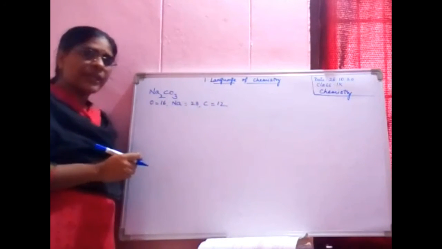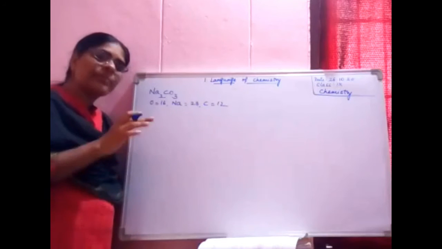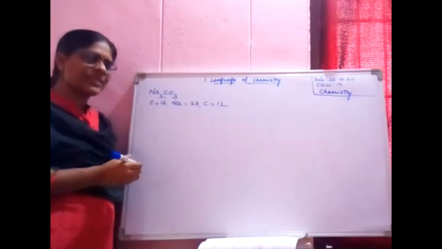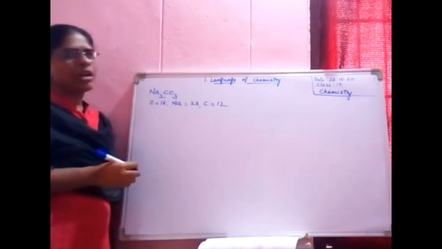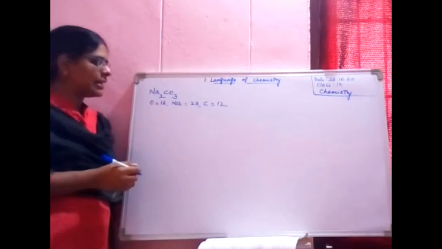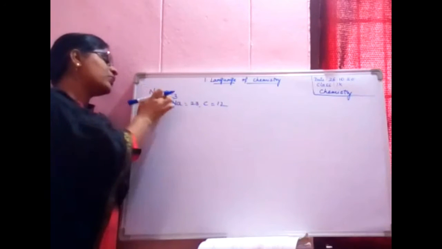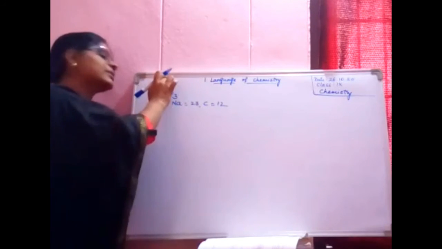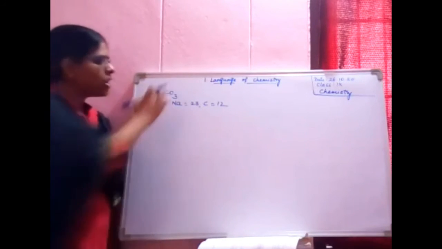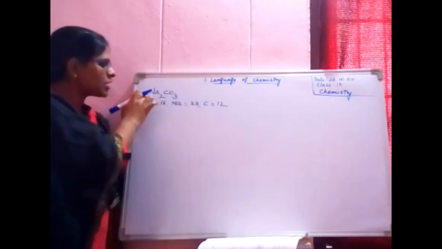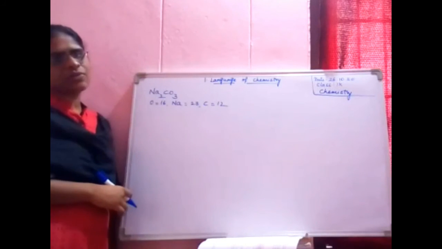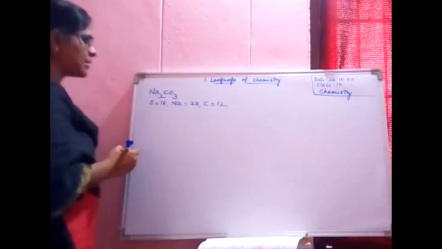What we need to find? Calculate percentage composition. Now, how to calculate the percentage? Means in this compound Na2CO3, how much is the percentage of carbon? How much is the percentage of oxygen? How much is the percentage of sodium? Okay? How to calculate? Let us see.